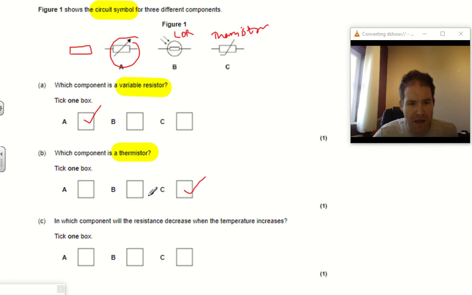So again, that's thinking about, so if I go over to here and the resistance decreases with temperature, now the one that involves temperature, I'm just going to prep my question. Temperature, okay, is my thermistor. And I look back, my thermistor is C, so it's C.